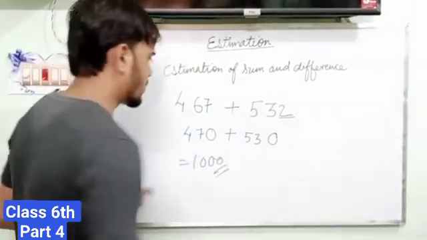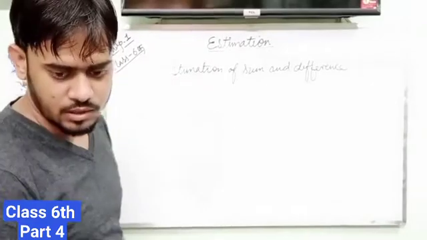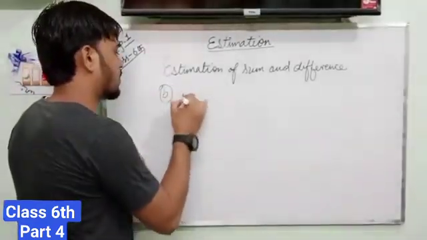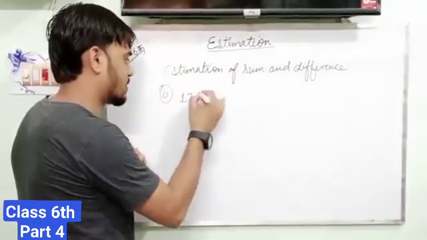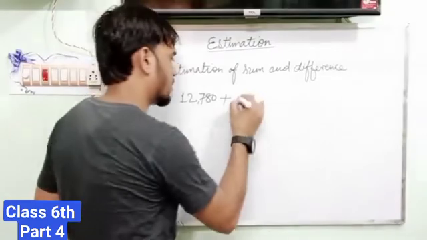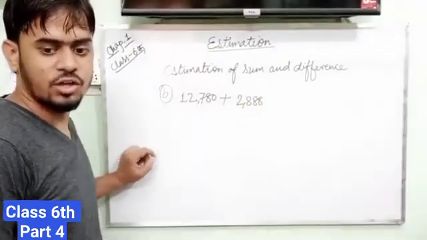Let's take another example. If we have the numbers 12,780 plus 2,888, let's round off to the nearest 1000.